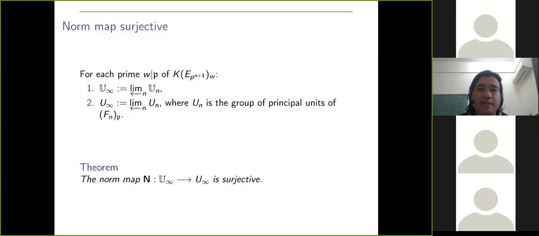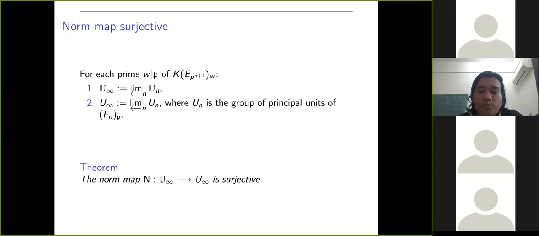As before, I take bold U infinity, which will denote the local units congruent to 1, but over this extension K(E[p^(n+1)]). And U infinity as before remains the group of principal units over this F_n.